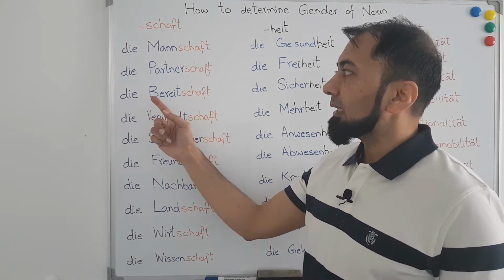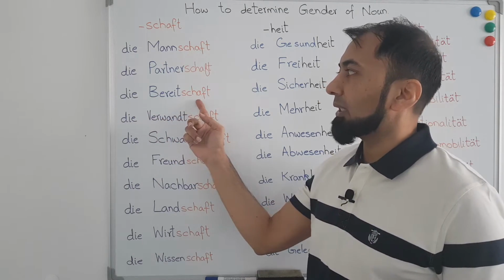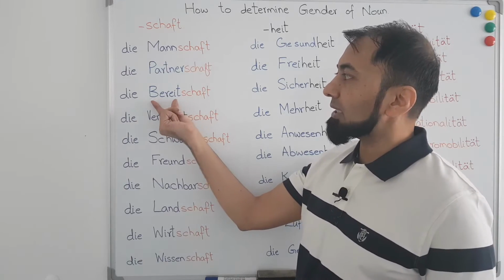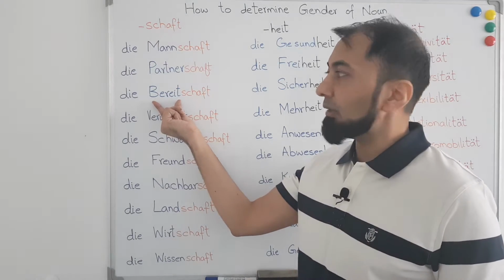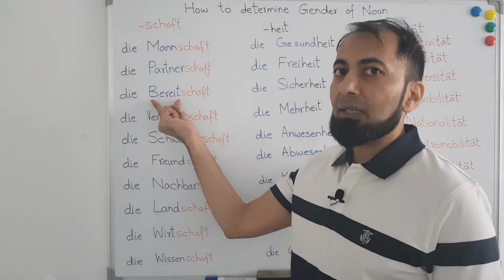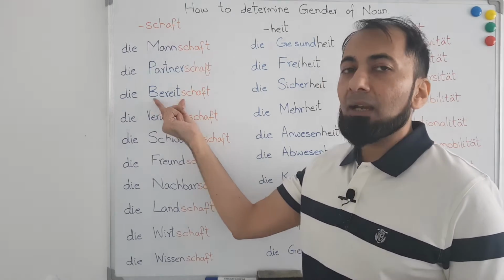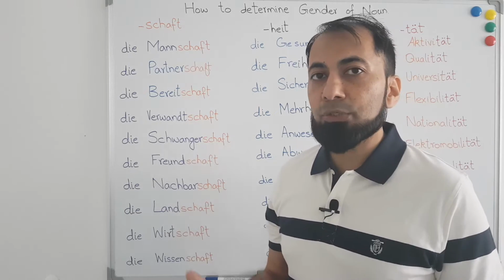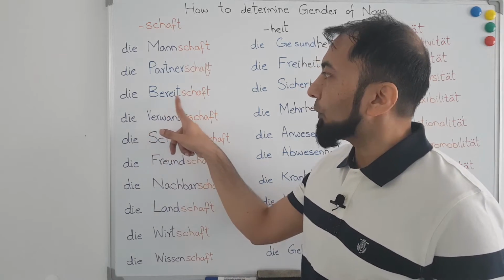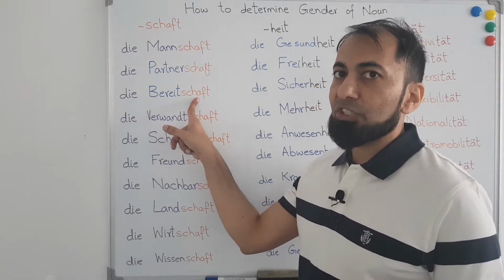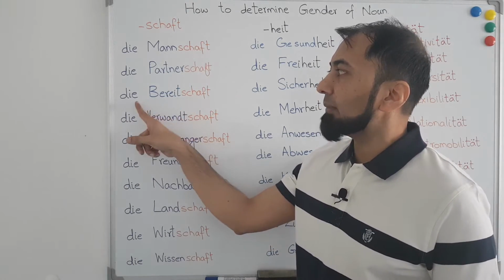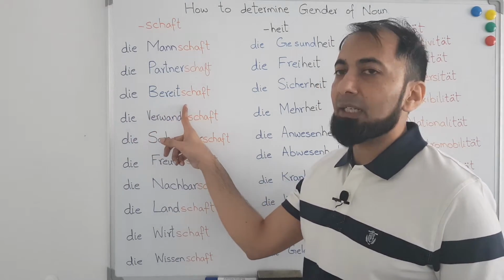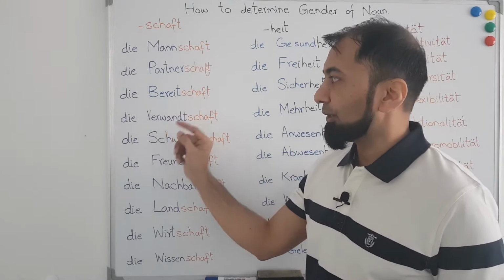The next is die Bereitschaft. Similarly, here the first part is an adjective, which is bereit, which means ready. I am ready. Ich bin bereit. Are you ready? Bist du bereit? But if you put a suffix -schaft at the end, it will become die Bereitschaft and it becomes readiness.